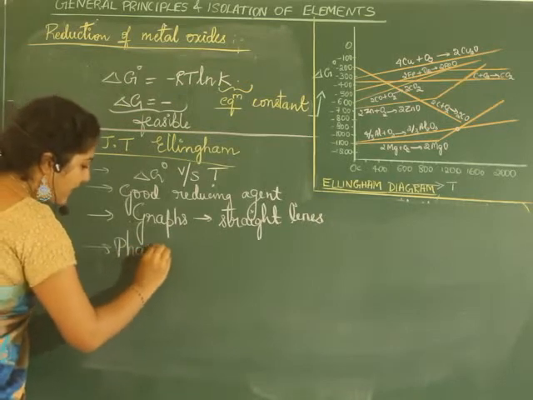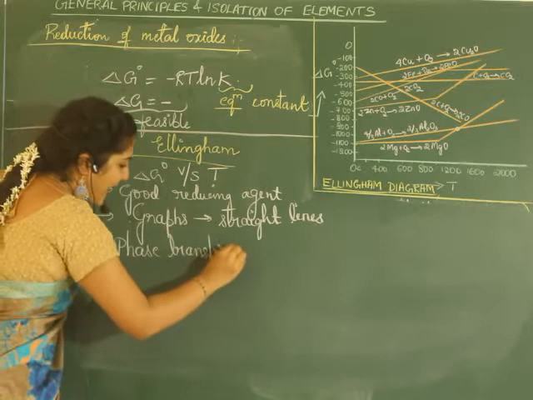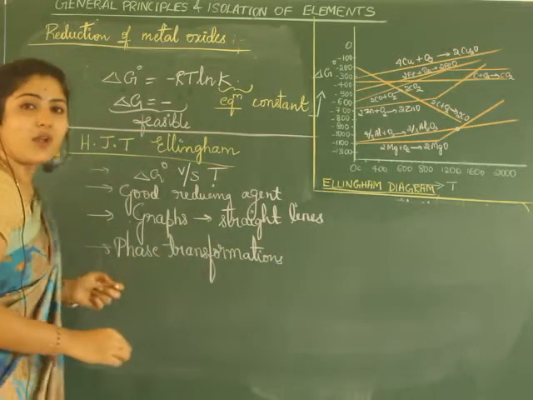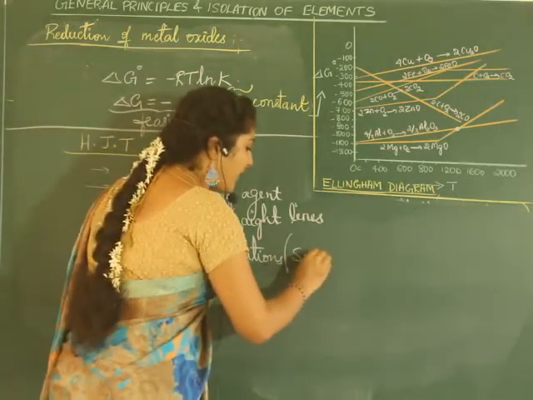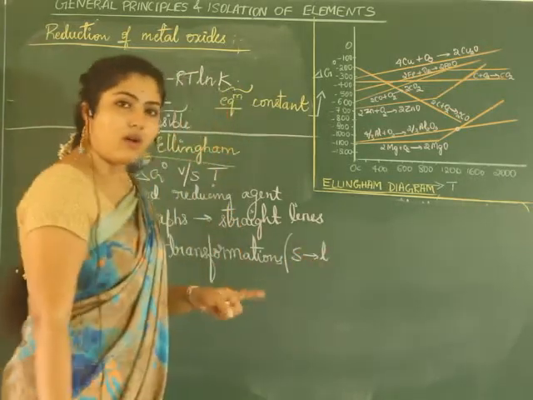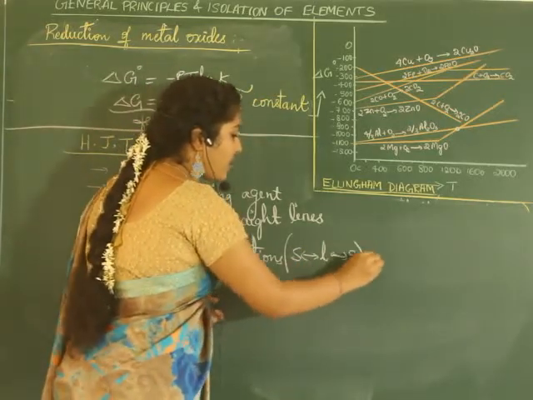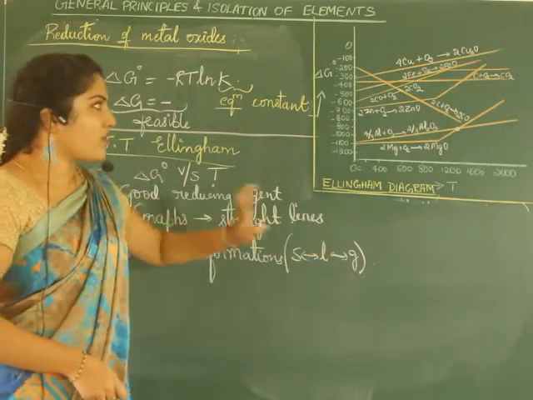Somewhere you can see phase transformations taking place. Phase in the sense solid, liquid or gas. State transformation can be solid getting converted into liquid, or liquid into solid, or liquid getting converted into gaseous state, or vice versa. So phase transformation can take place.